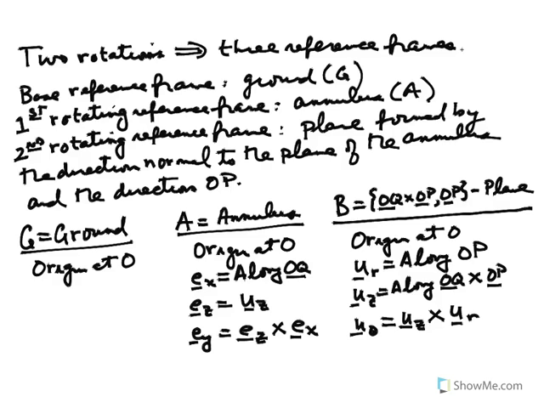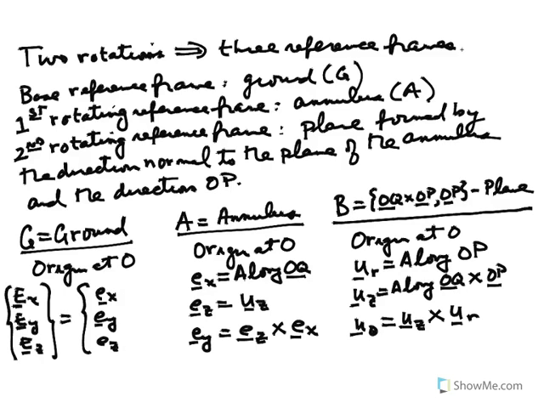And then finally, the coordinates that are fixed in the ground, EX, EY, EZ, are going to equal little ex, little ey, and little ez when t equals 0. Now let's draw a picture to see what this looks like.